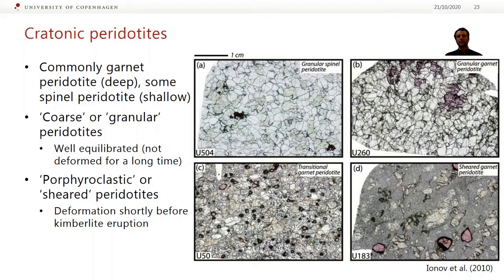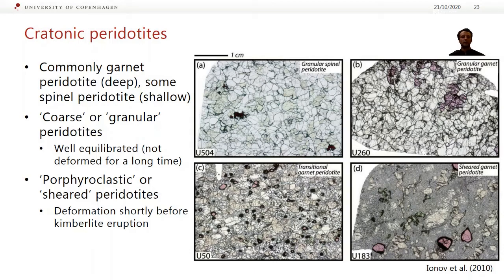The one on the top left is a granular spinel peridotite. You can see olivines, which would be the largely clear grains, some pyroxenes in there, and the darker blobs are spinel, an aluminium-chromium spinel. In the top right, there's a granular garnet peridotite, and obviously this has lots of nice pink garnet in there.